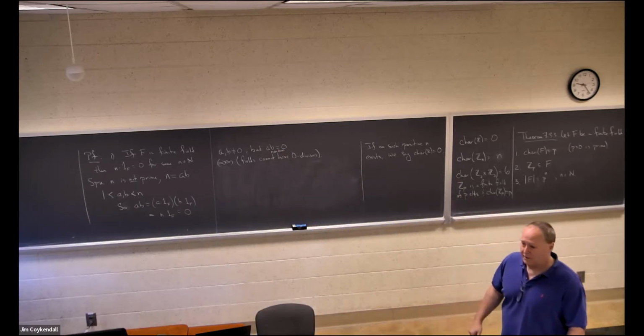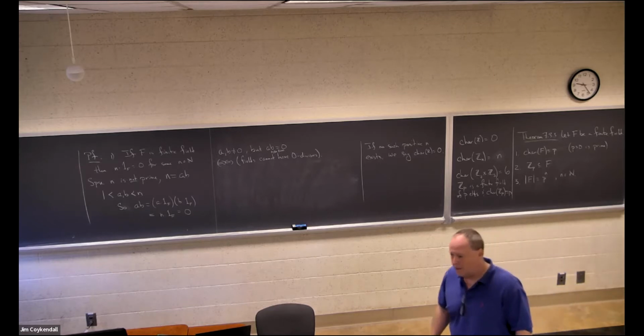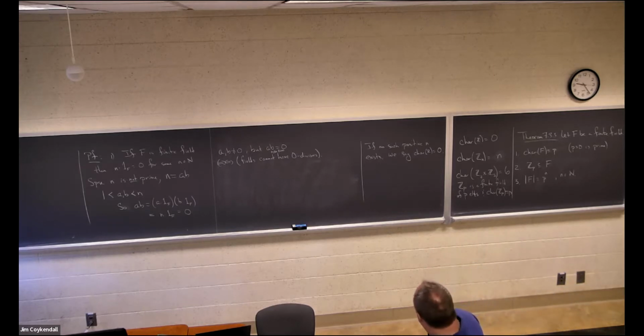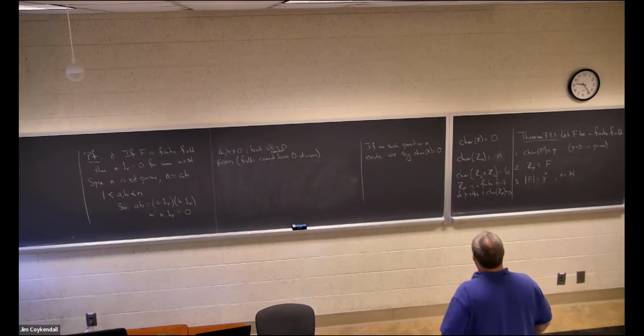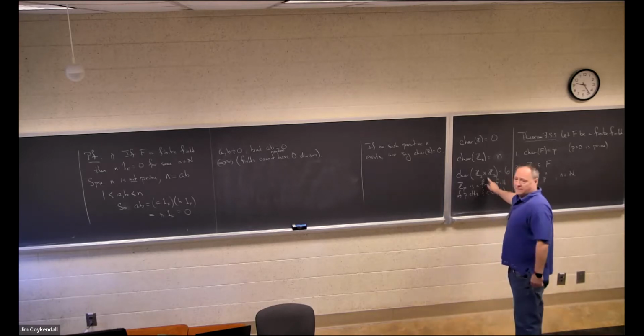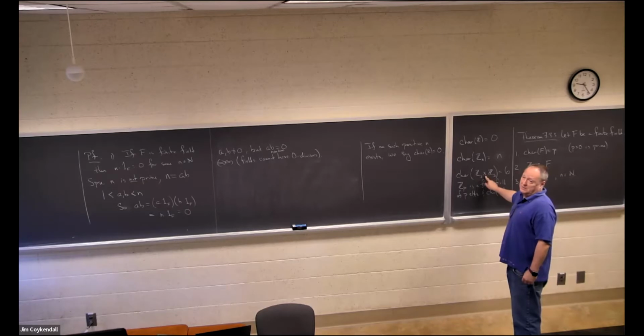Yes. But in the third example, there is 6. In your third example, yeah, characteristic 6. But this isn't a field. Oh, so it's only fields.